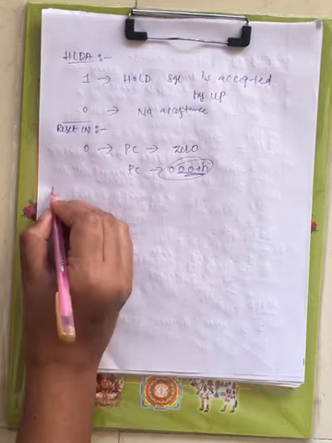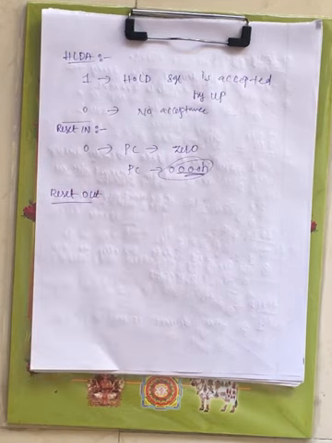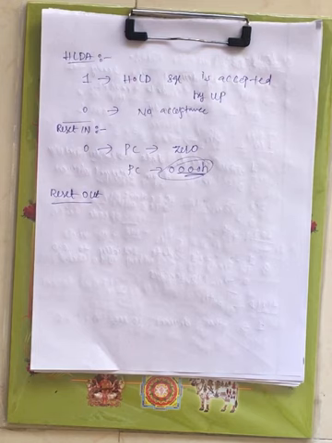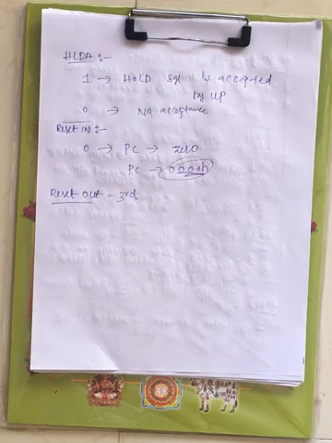Now coming to the next signal, that is reset out. This is provided at the 3rd pin of the processor. This pin indicates the processor is being reset.